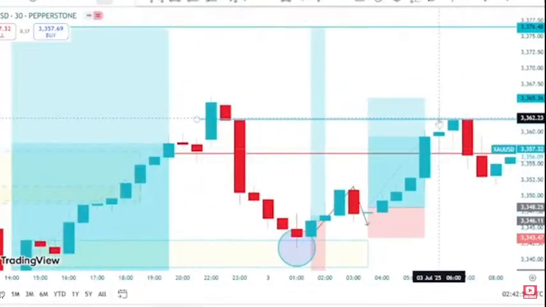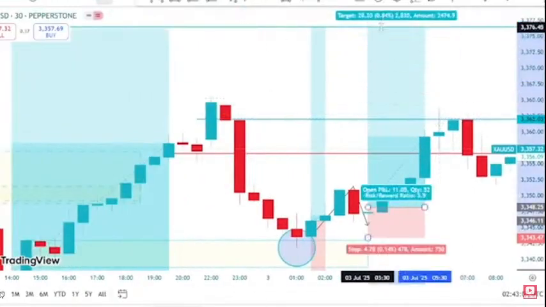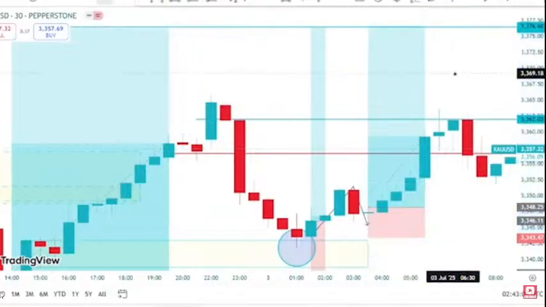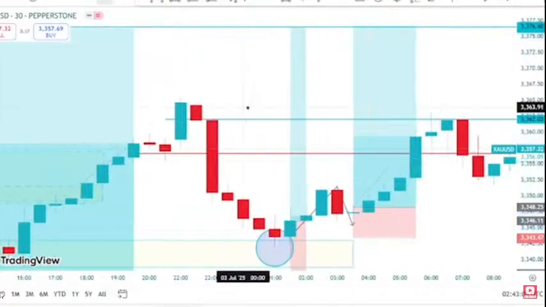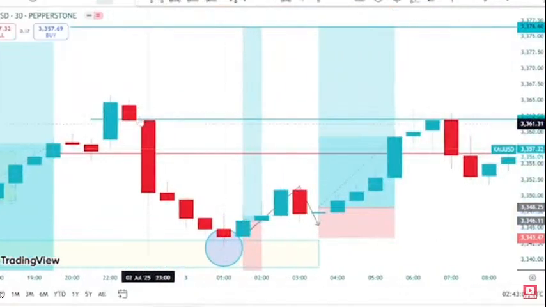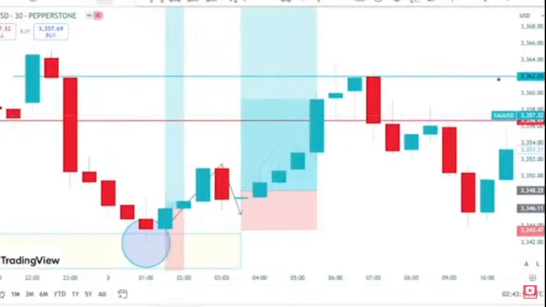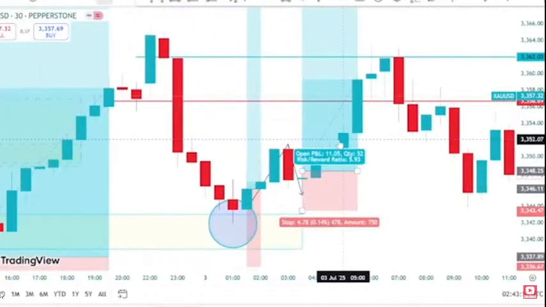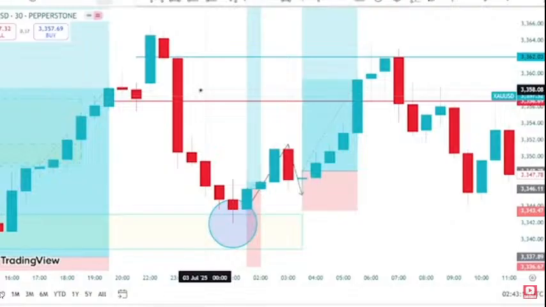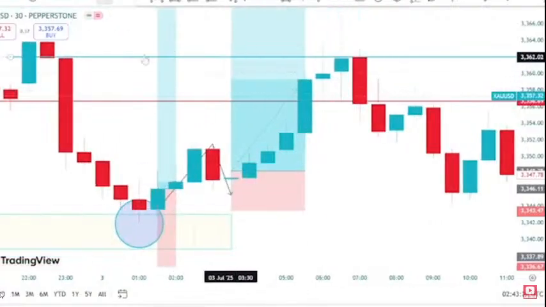So this trade, the target was from here, but we had to make sure that if the market starts changing character from this area, we have to close. So what happened? The market moved up, so we got the first two profits from these areas.